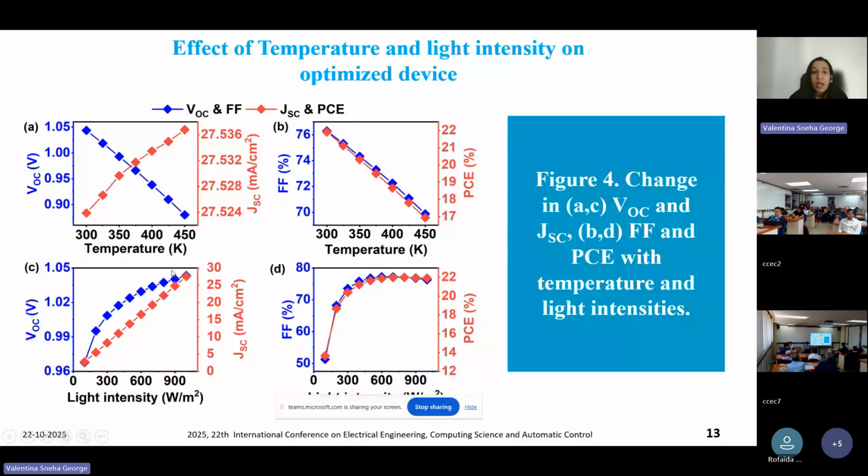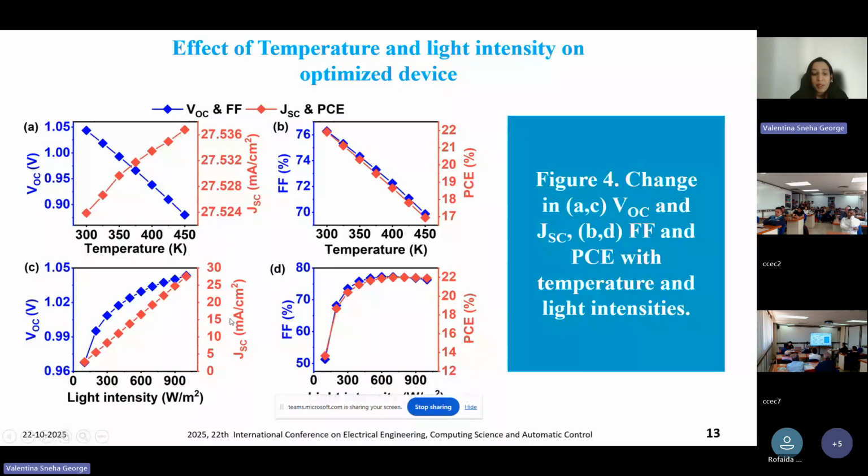And further, on analyzing the variations with respect to the illumination intensity, the VOC and JSC increase. JSC increases linearly and VOC increases logarithmically, which is an expected performance as reported in the literature, which is due to the photocarrier generation changes and Fermi level splitting.